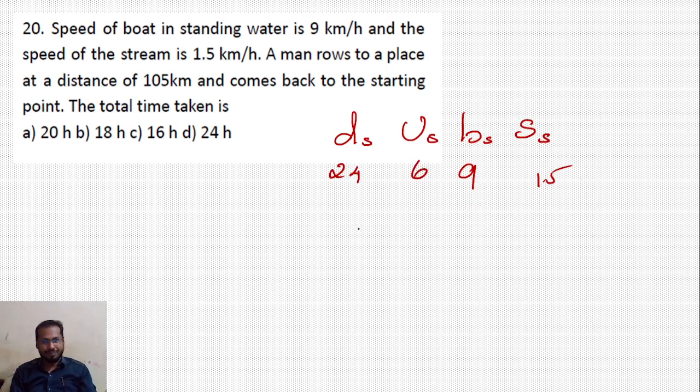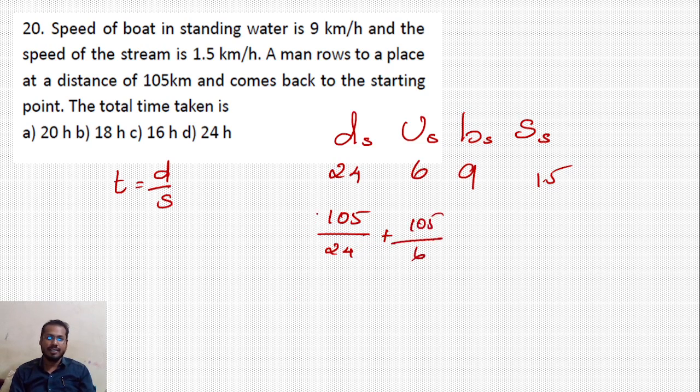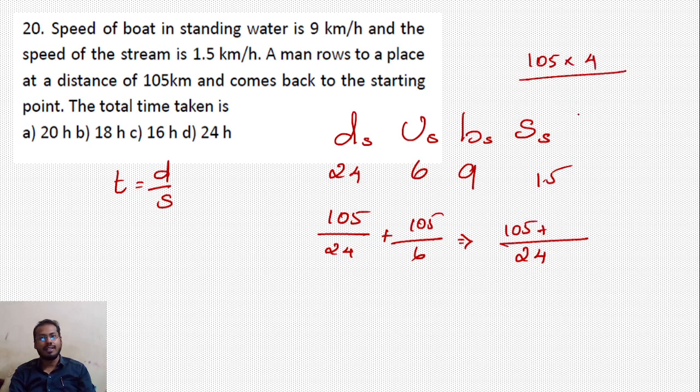Right. I'm going to find the time taken. Time equals distance by speed. So distance is given, 105, over 24. Same distance he was traveling, 105 over 6. Just find out the answer. 24 is the LCM. So 1 times 105, and 6 times 4 is 24, plus 105 into 4, so 420.